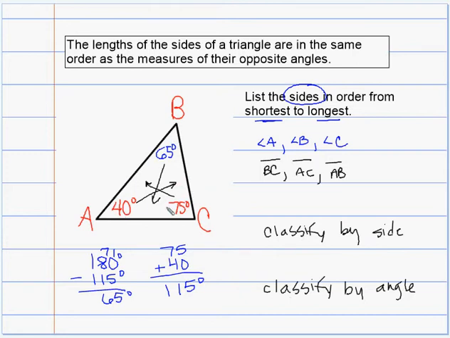No. None of these are 90 degrees, so we don't have a right triangle. Do we have one of these angles that is greater than 90 but less than 180? No. All of these angle measures are less than 90, so by angle it is an acute triangle.